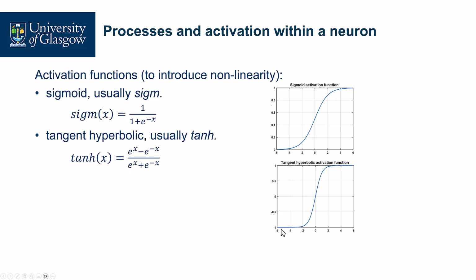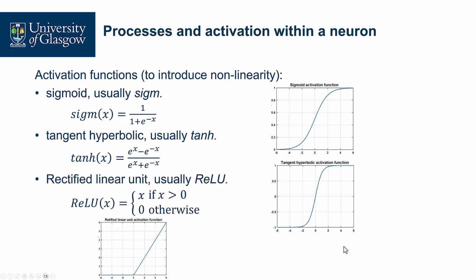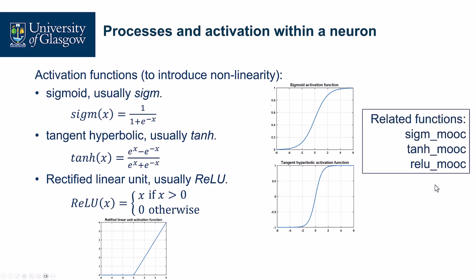For any input x, we can transfer it to a number between -1 and +1, following this shape. The third one we call the rectified linear unit, also called ReLU. For the ReLU function, when x is larger than 0, it becomes itself, and otherwise it is 0. These are three widely used functions, and you can see them here in the live scripts.